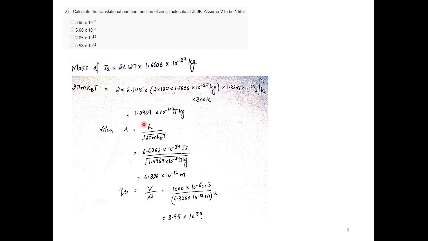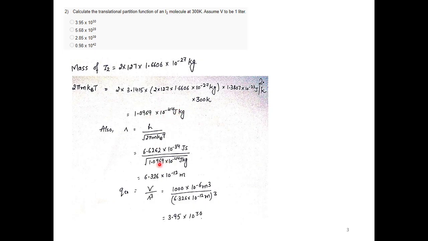Lambda, the thermal wavelength, is equal to h by root over 2 pi m kBT. This h is 6.626 into 10 to the minus 34 joule second. The value of 2 pi m kBT comes around 1.0969 into 10 to the minus 44.